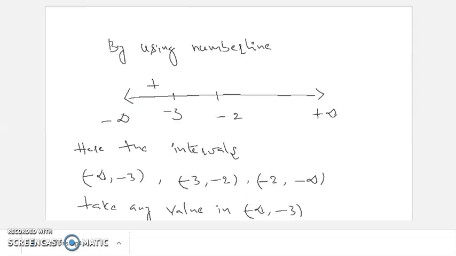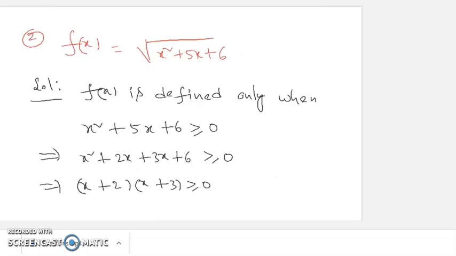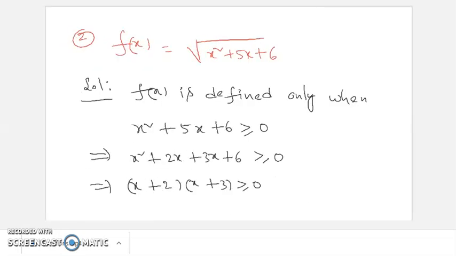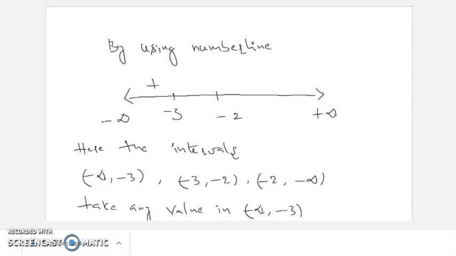Such type of problems can be easily solved to identify the domain by using the number line method. So here on the number line we put the zeros. What are the zeros here? Here the zeros are minus 2 and minus 3. So we plot minus 3 and minus 2 on the number line.